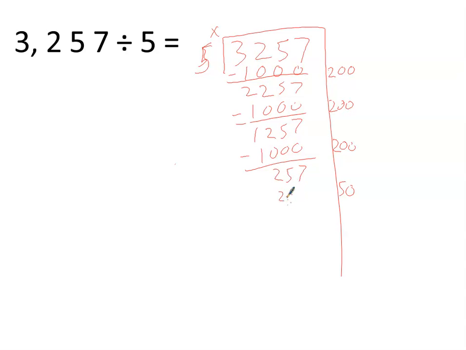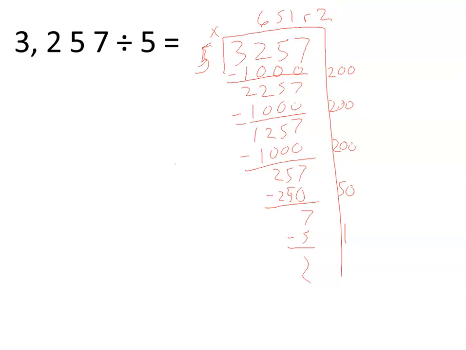Love when my pen decides it doesn't want to work. There we go. And I'm all the way down to 7. How many groups of 5 can I get out of 7? Just 1. 1 times 5 is 5. And I got 2 left. Add up what I got: 200, 400, 600, 651. And my remainder is 2.